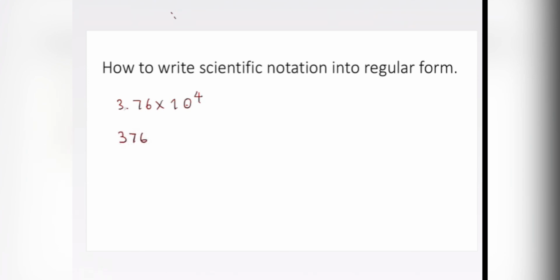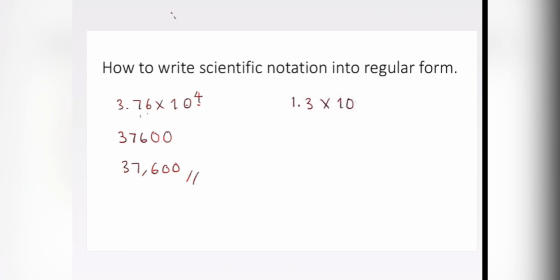Right after the decimal point, count 4 digits. Look at the power, count 4 digits. So 1, 2 is already here, so 3, 4. See, so your number is 37,600.